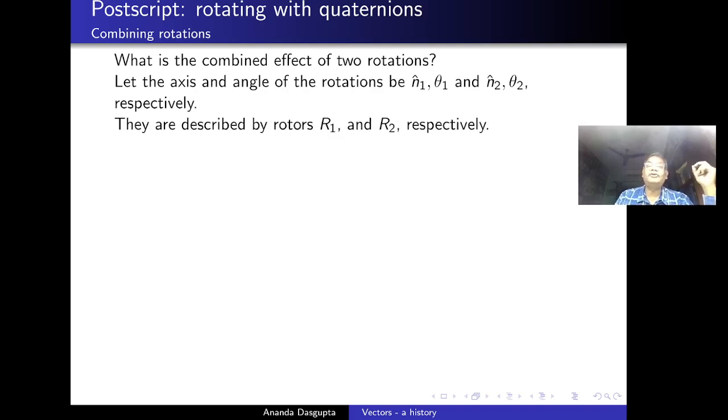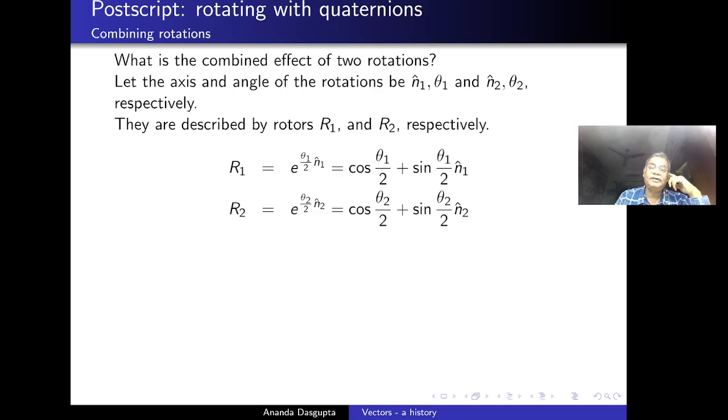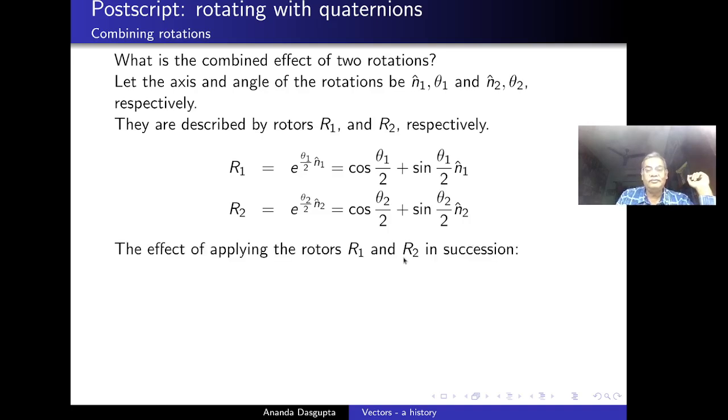These are described by the rotors R1, which is e to the power theta 1 by 2 n1 hat, and R2, e to the power theta 2 by 2 n2 hat, which you can write down in this form as we have already seen. Now, what is the effect of applying the rotors R1 and R2 in succession? Remember, when you apply rotor R1, what you are really doing is R1, R vector, R1 inverse. So R goes to R1 R R1 inverse. This is the new vector which you get when you apply the first rotation.